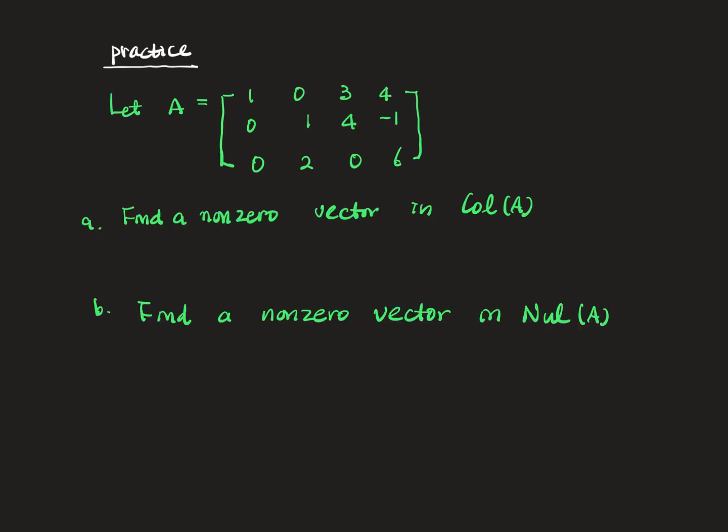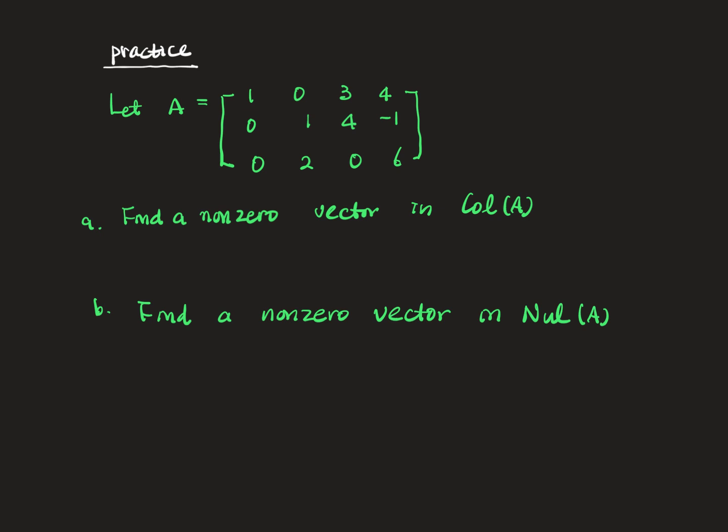So now another practice problem. You guys are thinking about how to find a non-zero vector in the column space. How are you going to find a non-zero vector in the null space? As usual, you pause the video and try to solve it on your own. Welcome back, everyone.